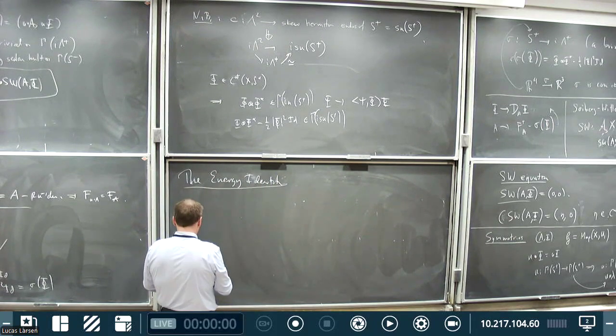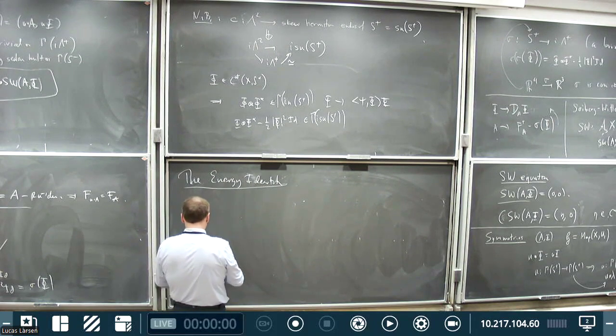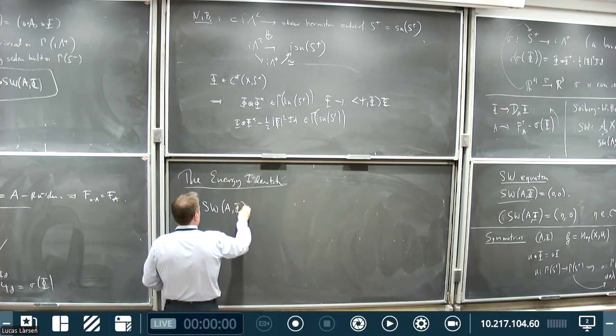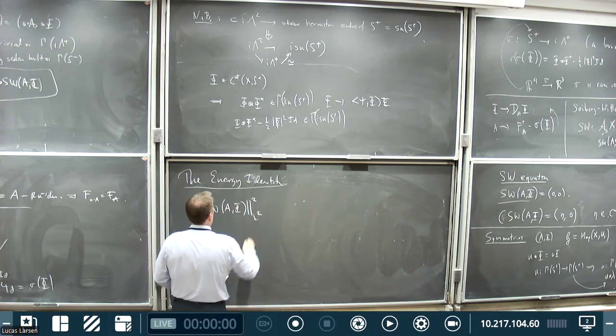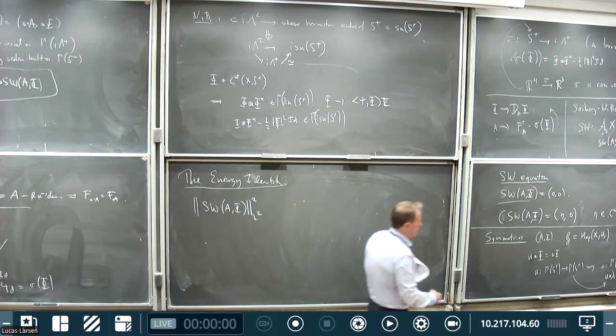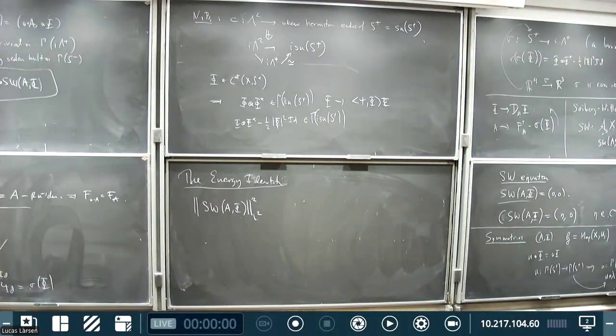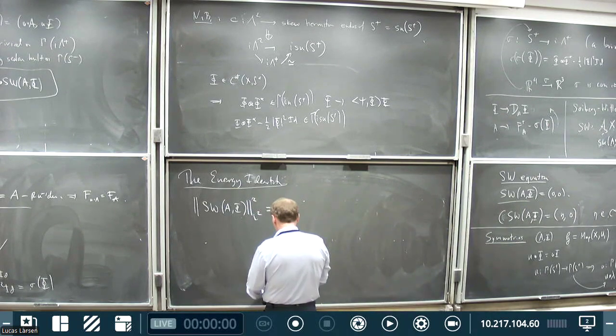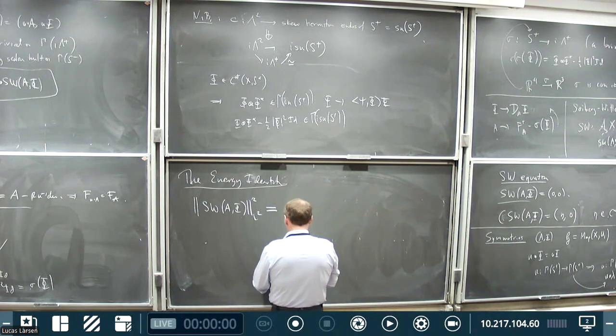All right, so what we're going to do is show that if I take SW of A, phi, take the L2 norm, I'm just taking the L2 norm of this one and the L2 norm of that one, and adding them together. Then it has a remarkable expression.